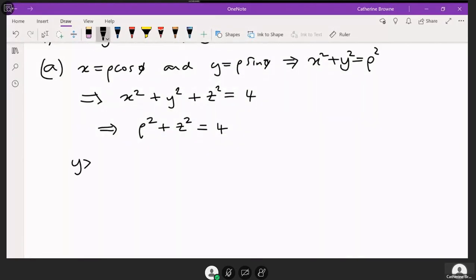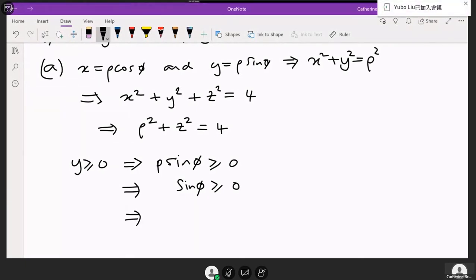And because y is greater than 0, that means that rho sine phi is bigger than 0. And because rho is always positive, for this to be positive, sine phi has to be greater than 0. And when does that happen?